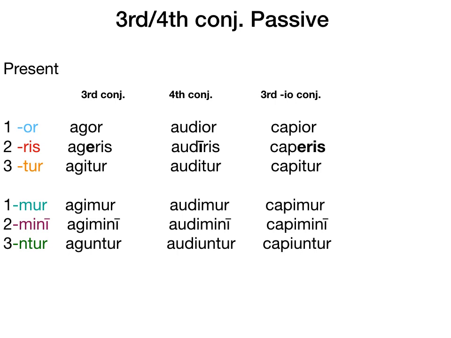But it's a little tricky in terms of being ready to see the different vowels that are showing up. Agitur, auditur, capitur, and so on and so forth. And yeah, the plurals are not weird at all. Basically, I is just showing up in the third person plural ending, just like it is in the first person singular.